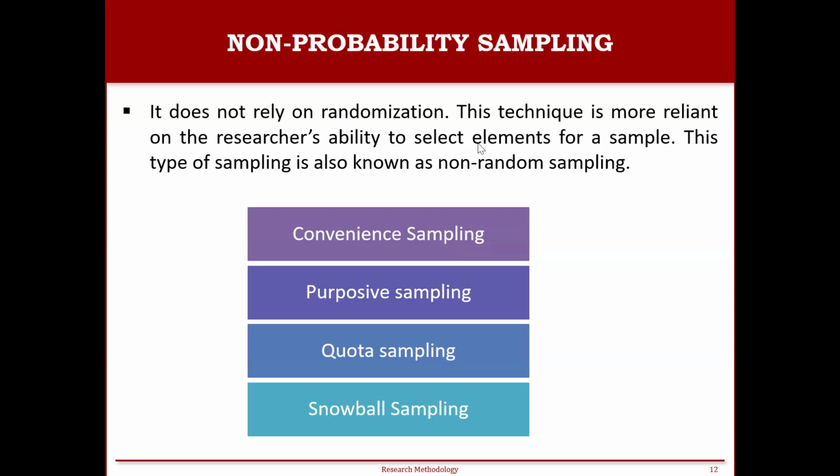You might purposely select the individuals who have that condition. That is purposive sampling.